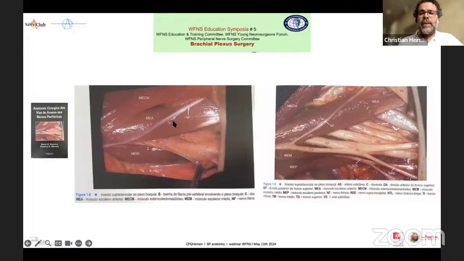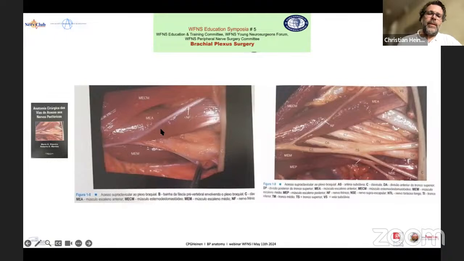The easiest way to be sure it is not a vessel or a lymphatic duct or whatever is to use intraoperative stimulation. Once you identify the anterior scalene muscle and you see a nerve, you stimulate, and if you have diaphragm contractions, or your anesthesiologist starts to complain, you know that you are right.